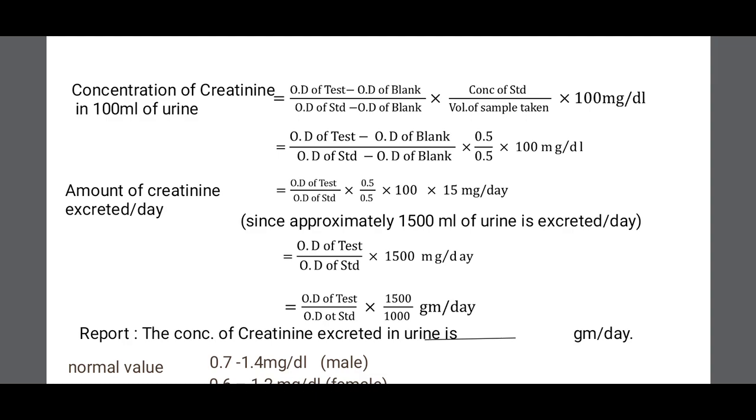We can also calculate the amount of creatinine excreted per day with the formula: OD of test by OD of standard, multiplied by 1500 divided by 1000, which is measured in grams per day.